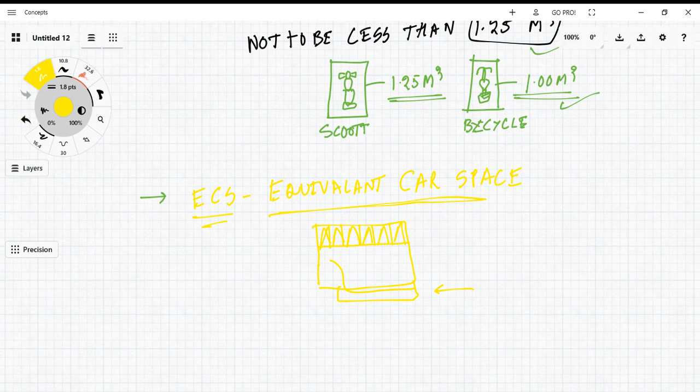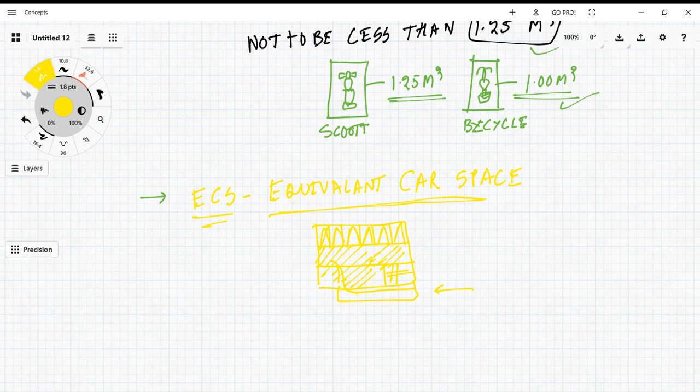I am parking cars here, but this area is a driveway, and I have some staircase here. So when calculating ECS, I will not only calculate the individual car space but also the circulation area. That means whatever driveway area is there will also be calculated in the ECS.